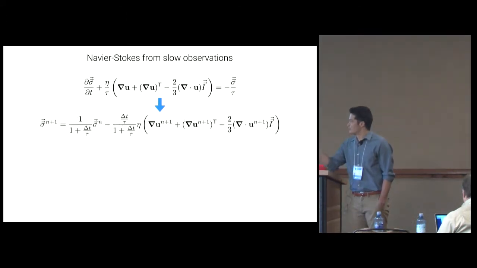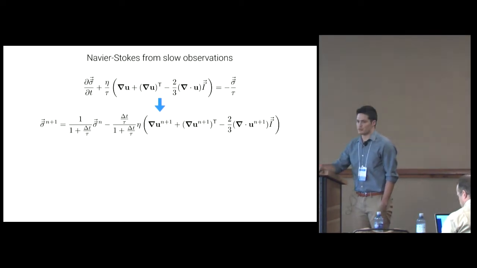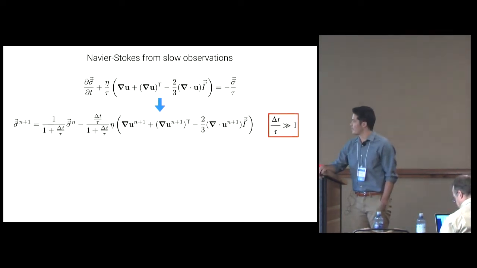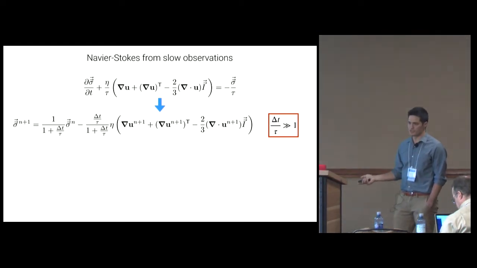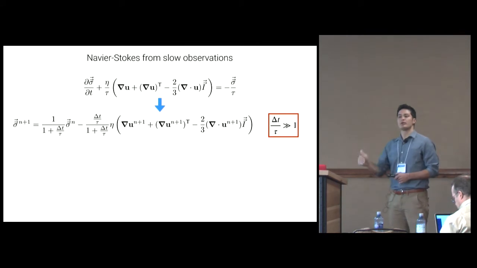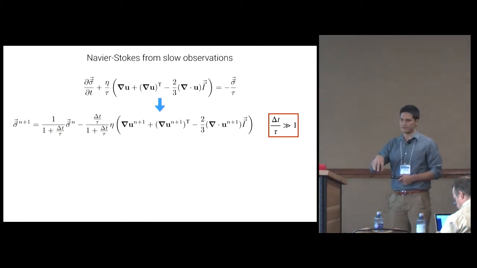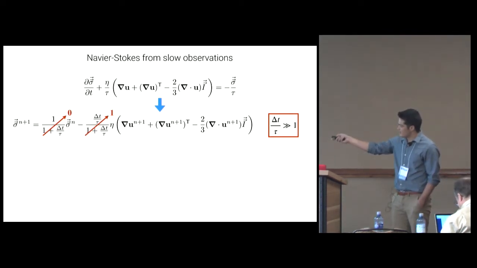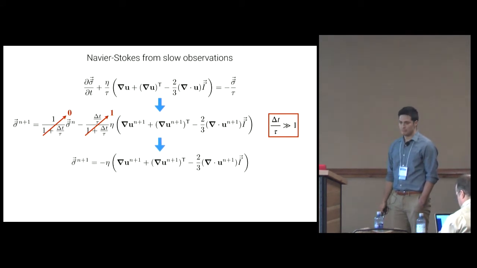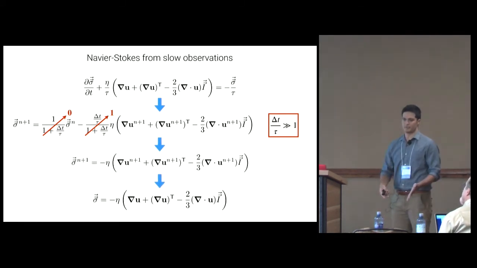If you trust my algebra, you get something that starts looking like this, and that's a lot of stuff to stare at, but don't stare in too much detail. Just consider what happens if I make my time step larger than the collision time. I'm literally stepping over the collision time, and choosing to be ignorant of the detailed physics. If I do that, then this term is 0, that term is 1, and what I get back is Navier-Stokes.